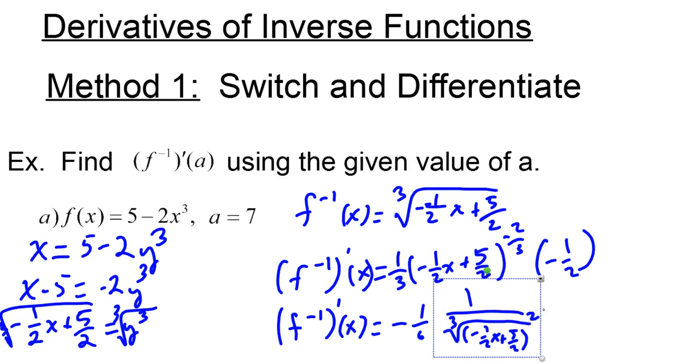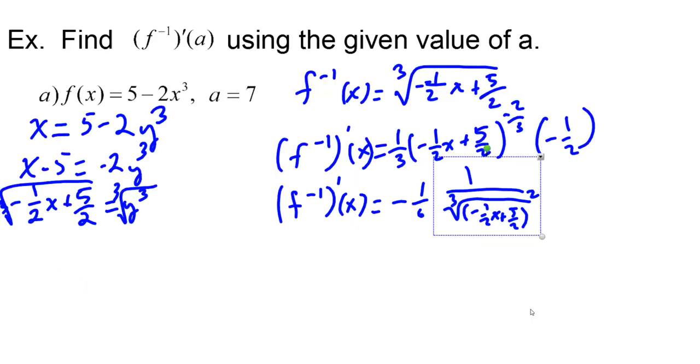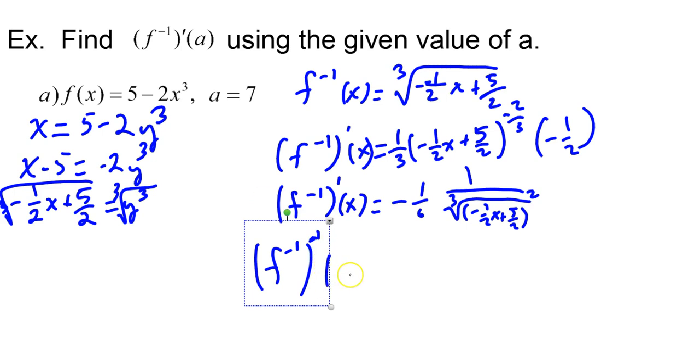Okay? Now notice I could have squared the radicand, or I can put the squared on the outside. I think it's easier to cube root first and square later. Okay. Alrighty. Now that I've done that, I think I just need to plug in that given value for a in for x, right? So to find the slope of my inverse at x equals 7, I was told that a is 7, but a is x, right?